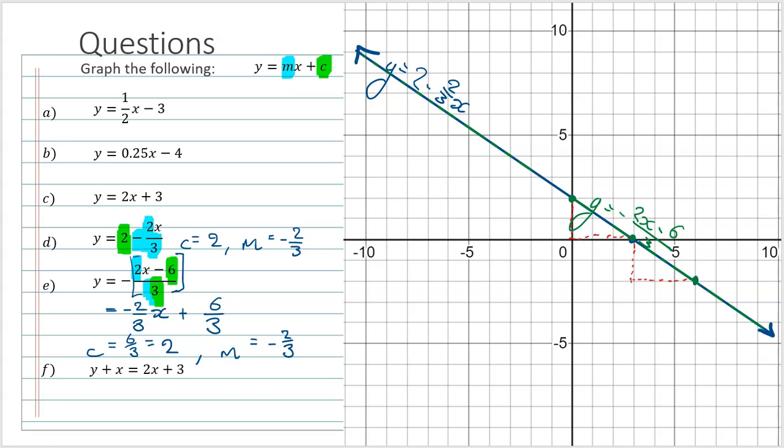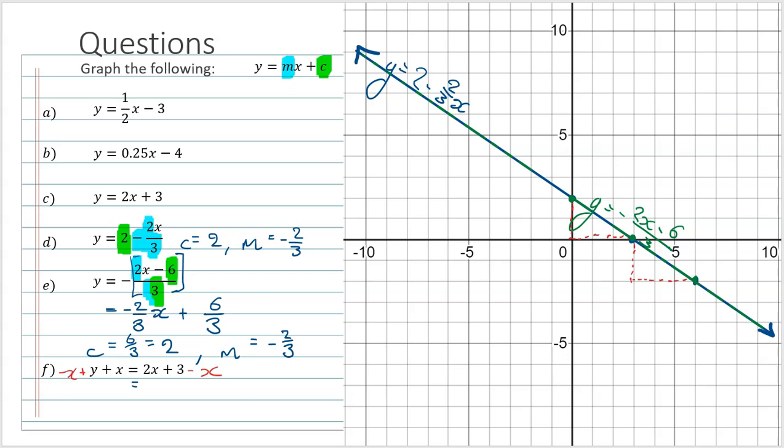Interesting. Now the final one is y plus x equals 2x plus 3. Again, notice we're not in the form y equals mx plus c because we've got a term x hanging out with this y. So what I'm going to do is take x from both sides of the equation. So go bang, take away x there, and take away x here.